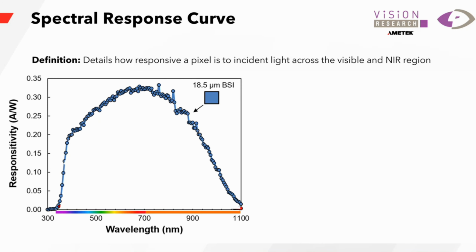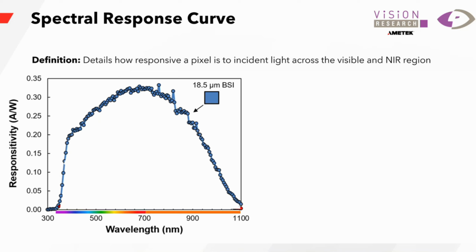The spectral response curve, by definition, details how responsive a pixel is to incident light across the visible and near infrared region. Every sensor that exists generally has this data associated with it. If you look at this graph, on the y-axis, you have responsivity, which is in amps per watt. And on the x-axis, you have wavelength.